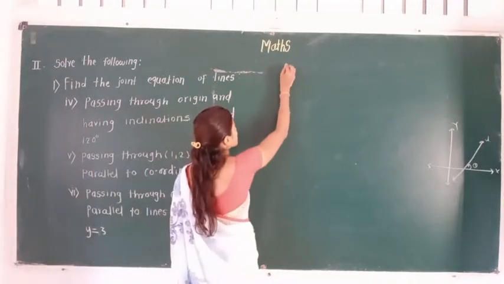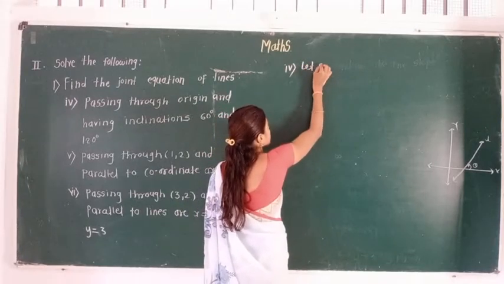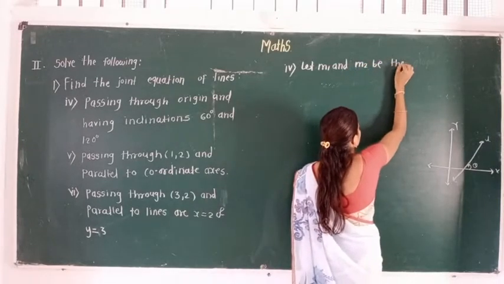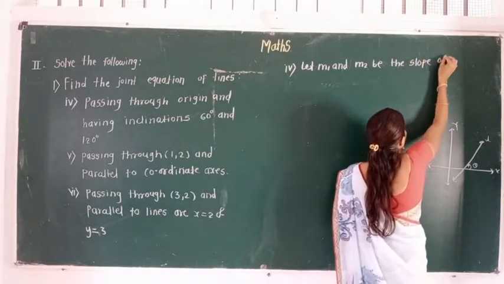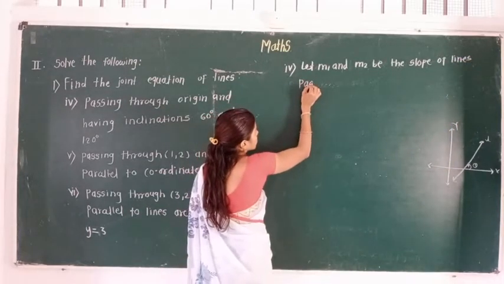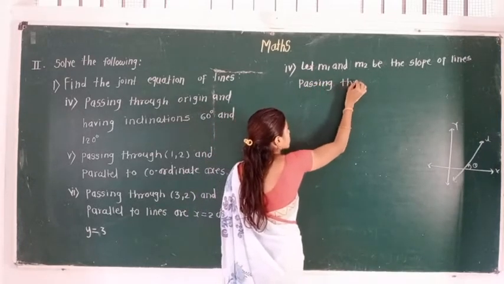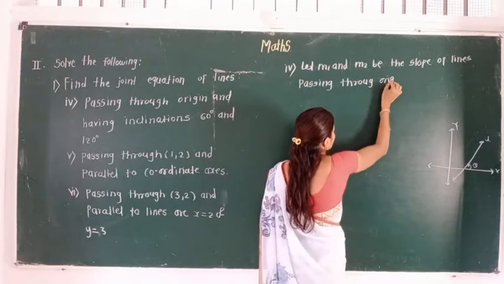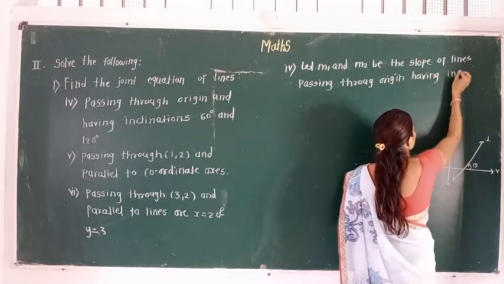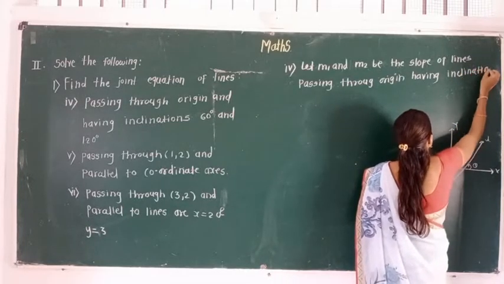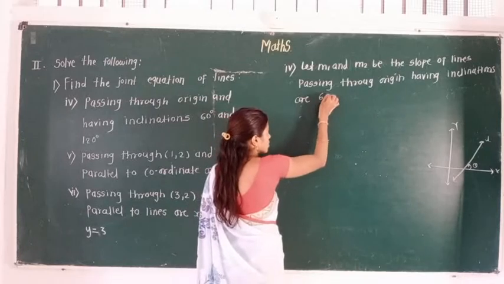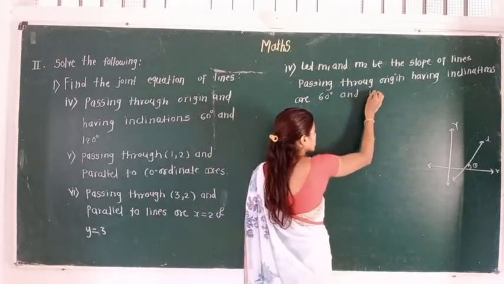So we write here, let m1 and m2 be the slopes of lines passing through the origin, having inclinations 60 degree and 120 degree.